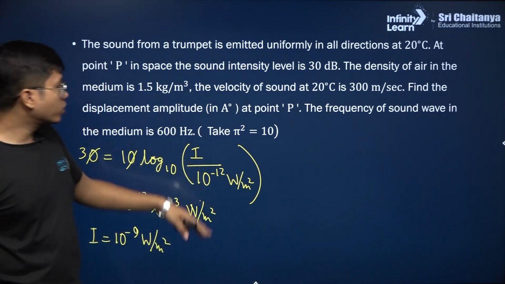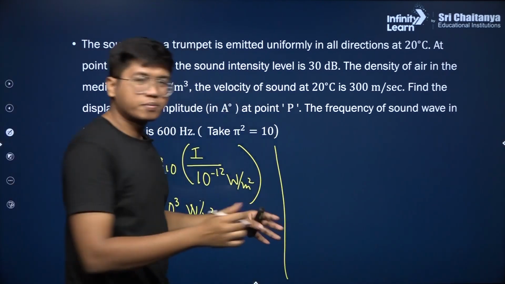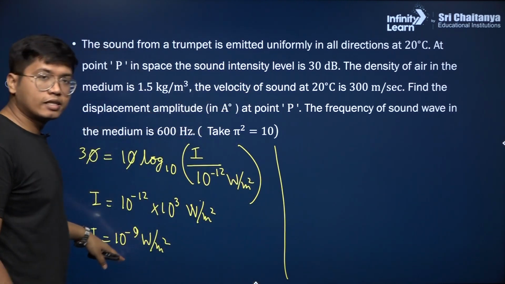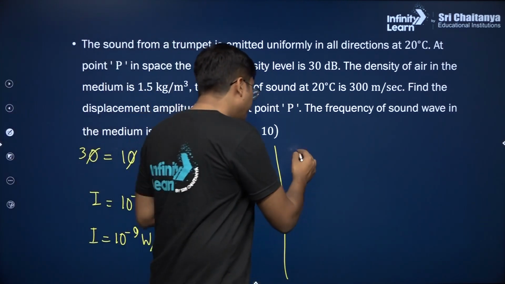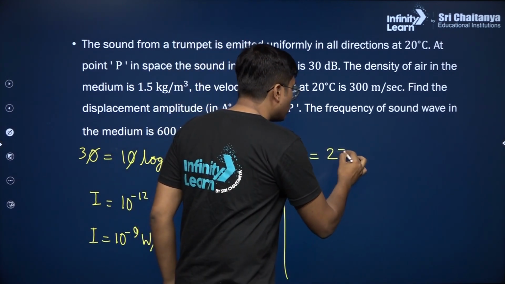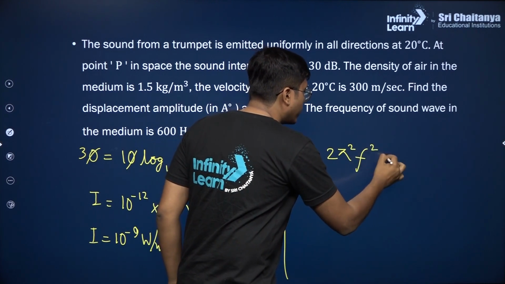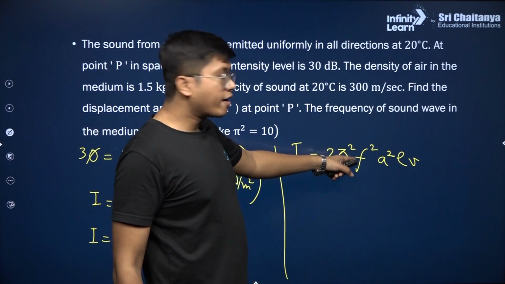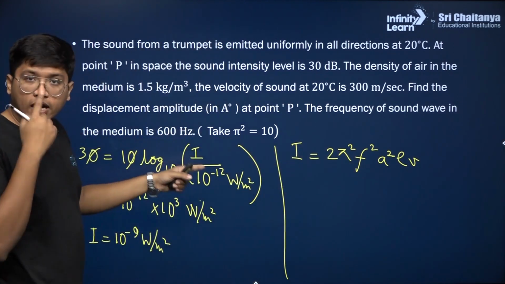Now from here on out, I won't care about the unit as much, because everything else we just need to bring into SI units and work. This is in SI units. Now the relation we'll use here, I did this relation before as well. I was equal to 2 pi square f square A square rho into v, where f is the frequency given to us, 600 Hz.